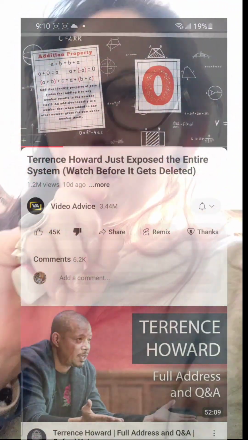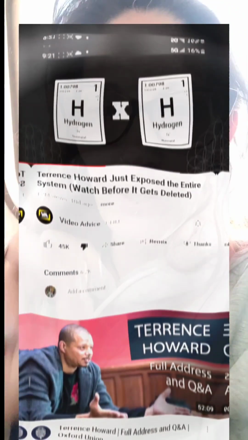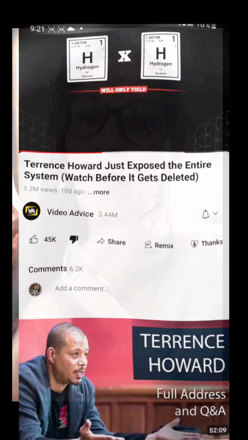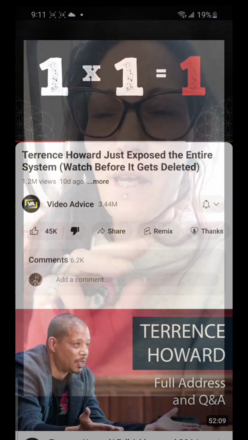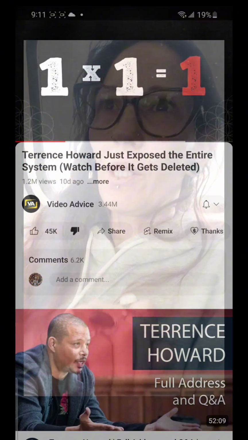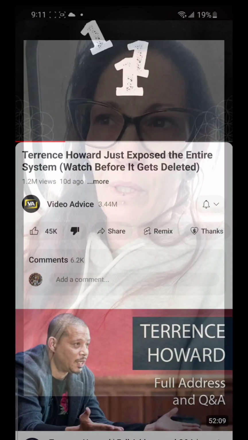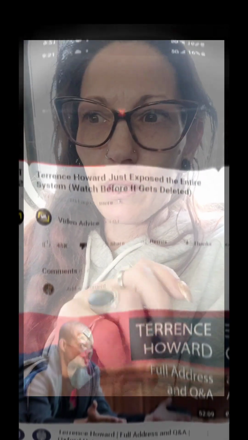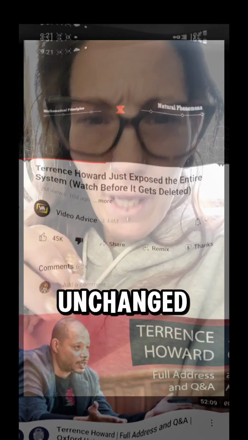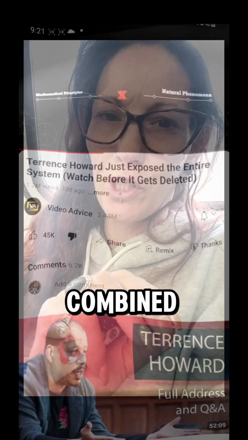Another example they used was the periodic table. They took it out of the number context completely and said, okay, just like 1 times 1, any number has itself. How about instead of 1, we replace that with H for hydrogen?